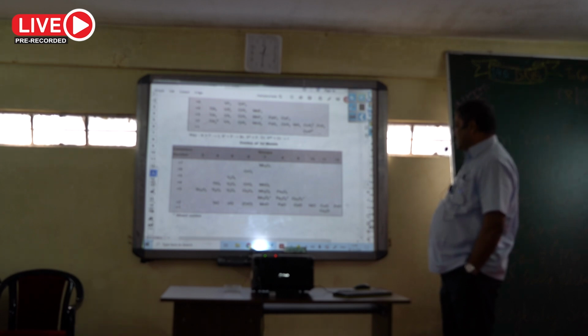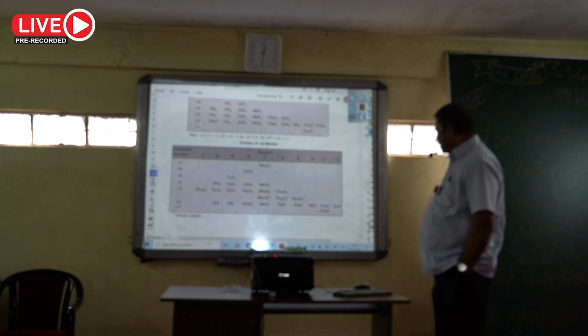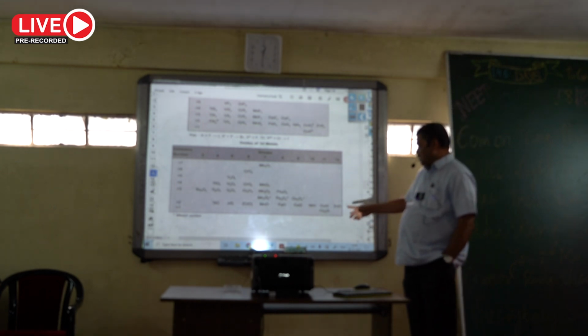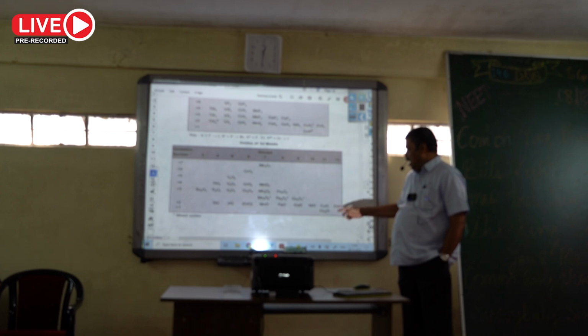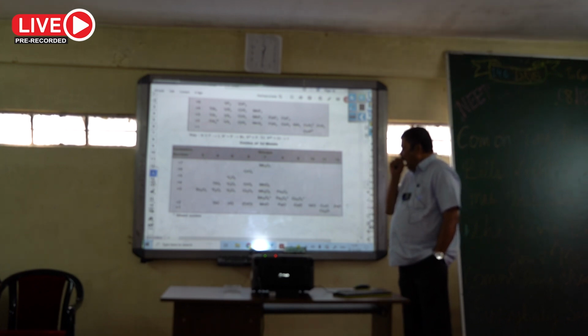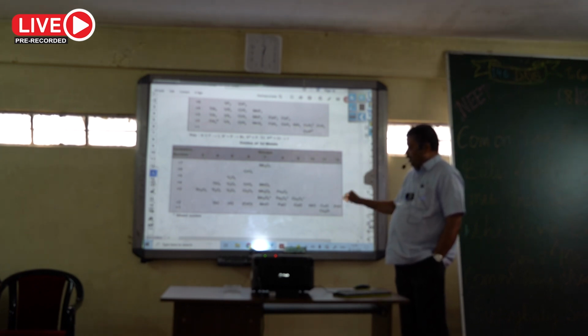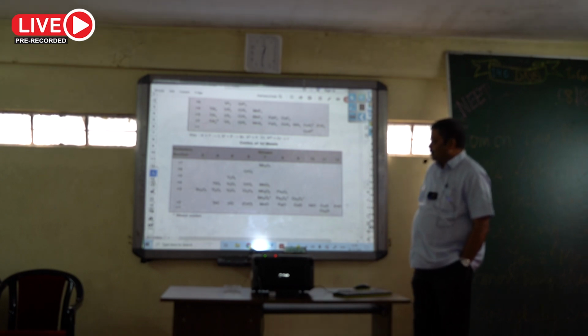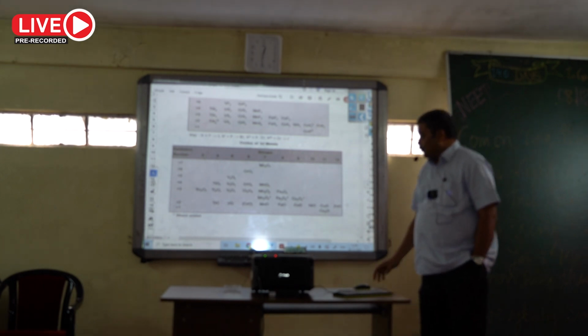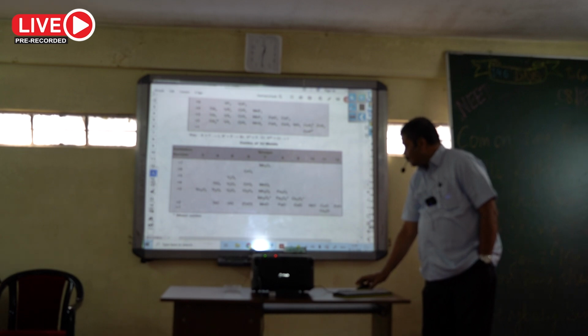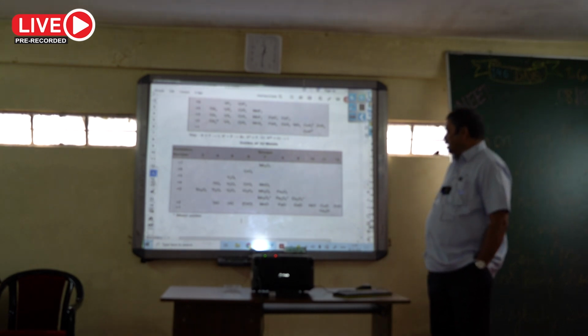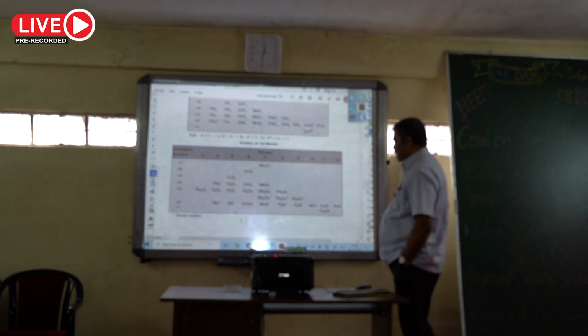You write, V2O5 is an amphoteric oxide. ZnO is also an amphoteric oxide. ZnO, V2O5 are amphoteric oxides. Here some mixed oxides are mentioned.